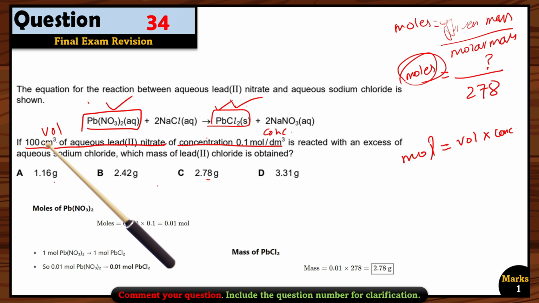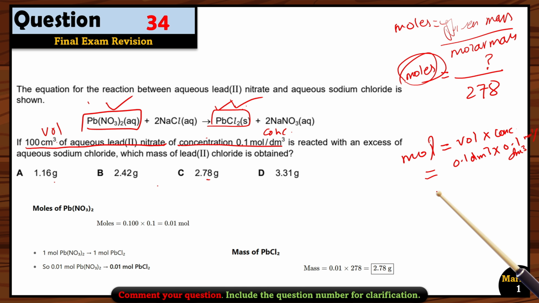So what is the volume? Volume is 0.1 dm cube, because this is centimeter cube. I already told you you have to convert it by dividing by 1000. So 0.1 dm cube multiplied by 0.1 mole per dm cube, right? So what will be your answer now? 0.01 mole.